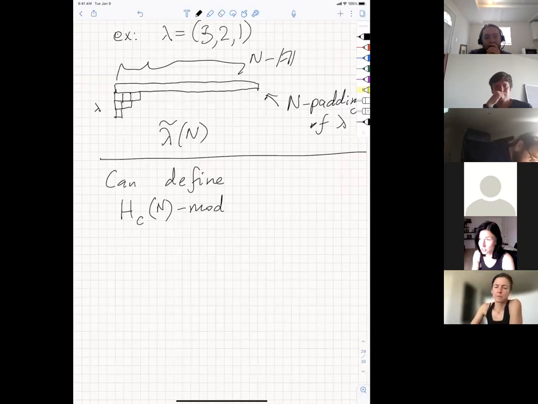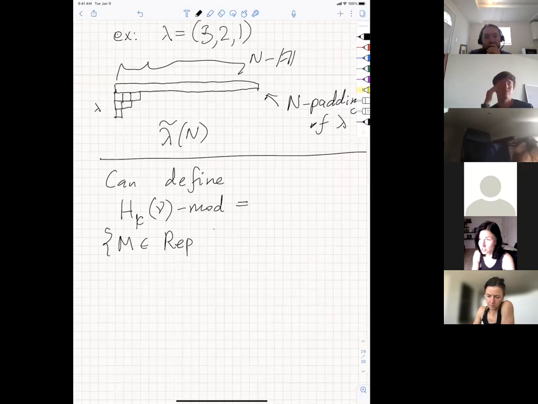So roughly speaking, it means the following thing. It's a category of M in rep H. So we put nu here, which is an arbitrary complex number. So this is M as a rep S nu. And now we have to add to it the action of x's and y's. And x's change in the permutation representation, and y's also change in the permutation representation.